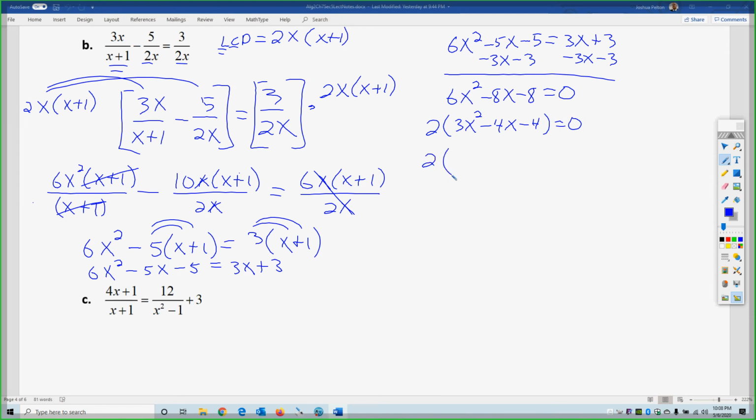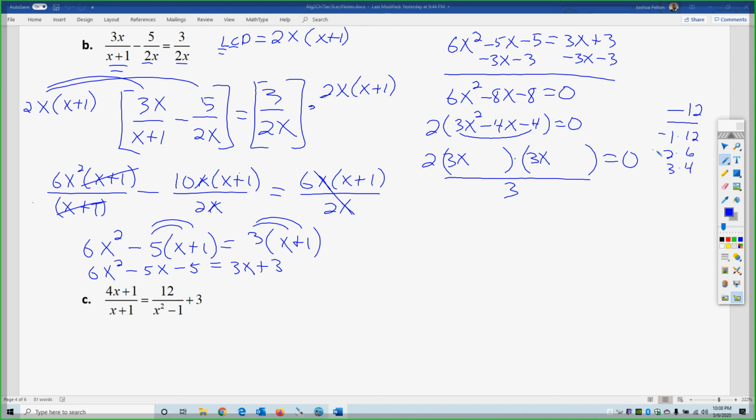Okay, so 2 times, and we'll do our quad form factoring. 3x times 3x gives me 9x squared. So if I divide by 3, that gives me 3x squared. And 3 times negative 4 is negative 12, which is 1 times 12, 2 times 6, 3 times 4.